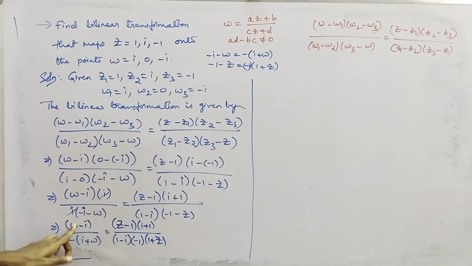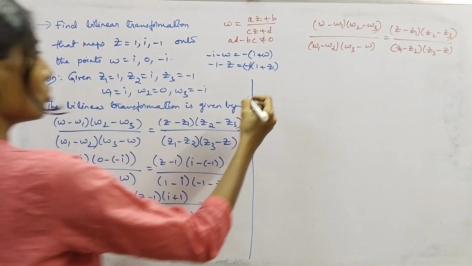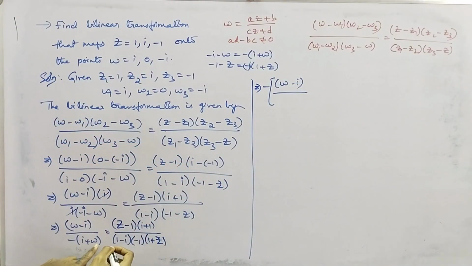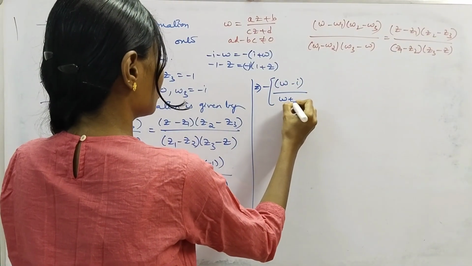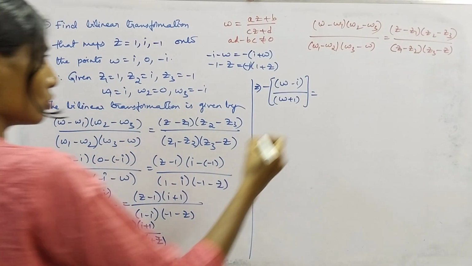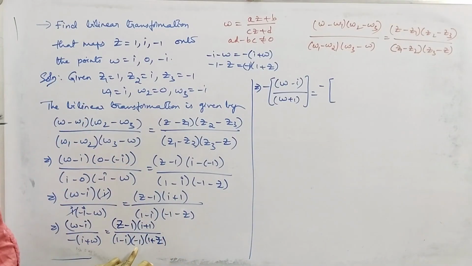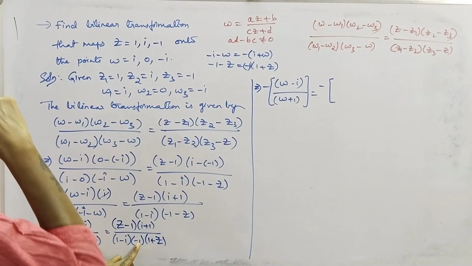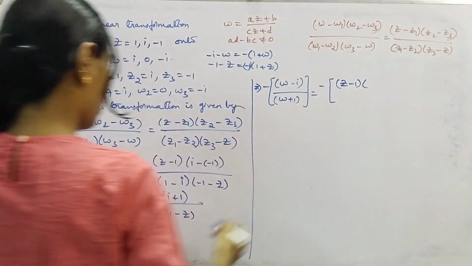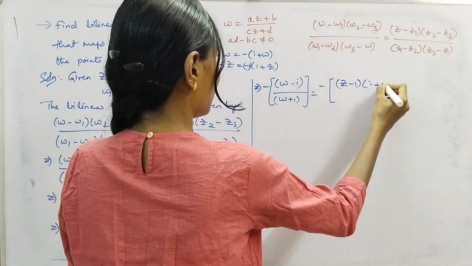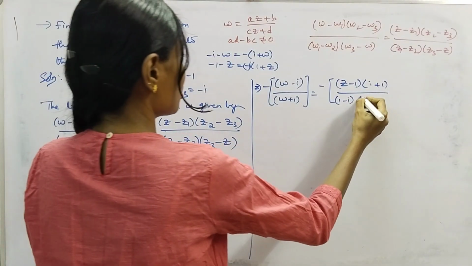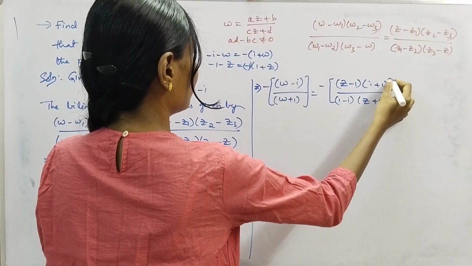Now we will write this term by minus this term as minus of omega minus i by, you can write i plus omega as omega plus i, equal to, here also we'll write like minus of, okay, you'll take this minus outside, so you'll get minus of z minus 1 into i plus 1 by 1 minus i into z plus 1. 1 plus z can be written as z plus 1, right?